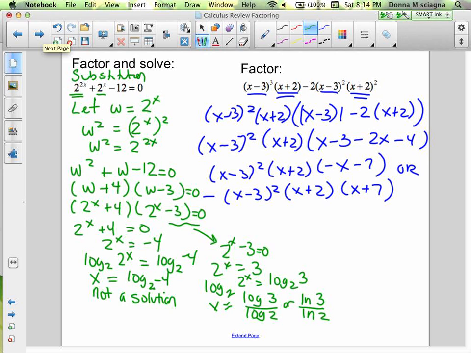And that one works out because we're taking the log of a positive number. That's going to be fine. Log of a negative number, we can stop right there. All right, so a little review of solving an exponential. Probably got introduced to using substitution with an exponential, and a review of some factoring.